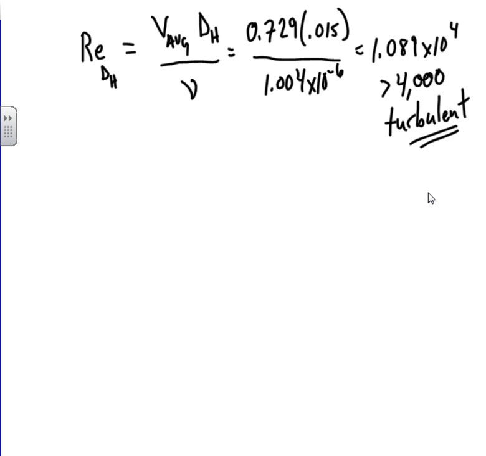So we go into our book and we find the correlation for the Nusselt number for a turbulent flow in a pipe, and we find out that the Nusselt number is equal to 0.023 times the Reynolds number to the 0.8 times the Prandtl number raised to the n, where n is either 0.3 or 0.4 based on heating or cooling.